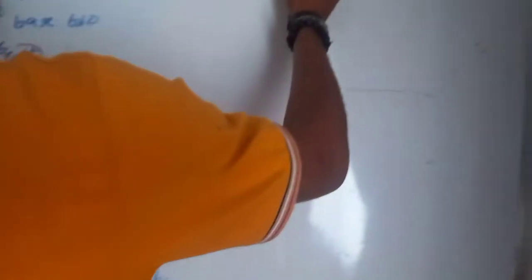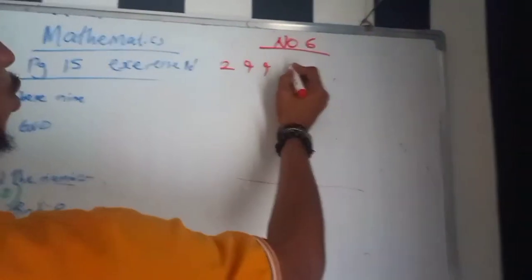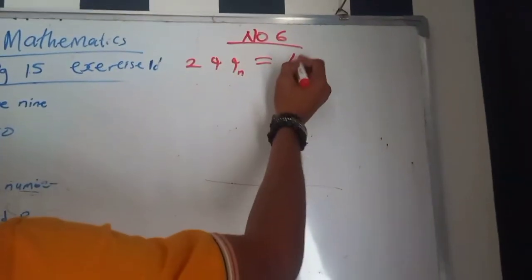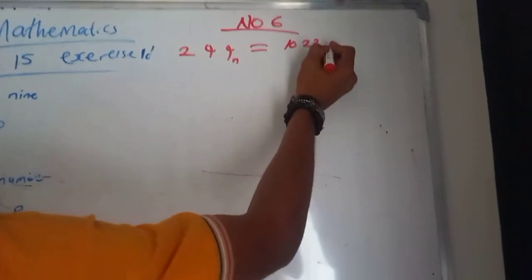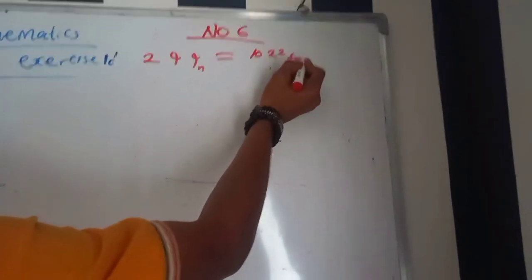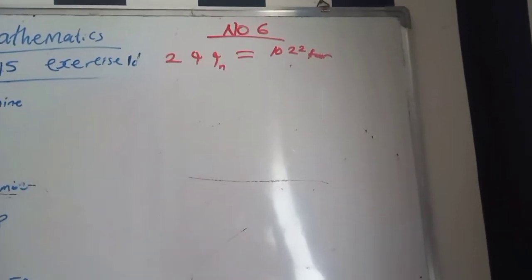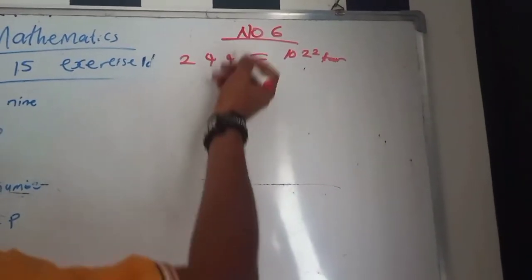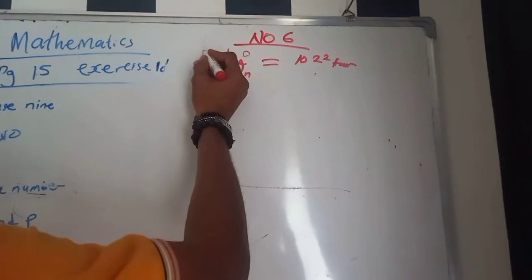I say 244 base n equals 1022 base 4. Find the n. The question is already here. So all I do, name it 0 1 2.